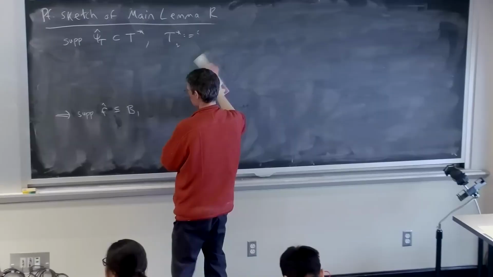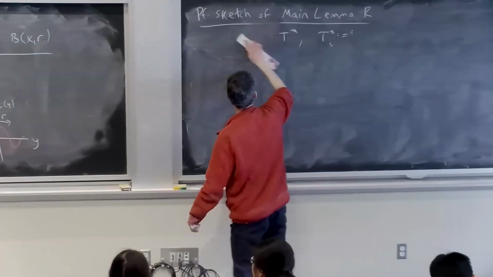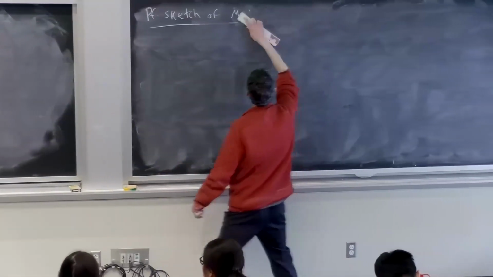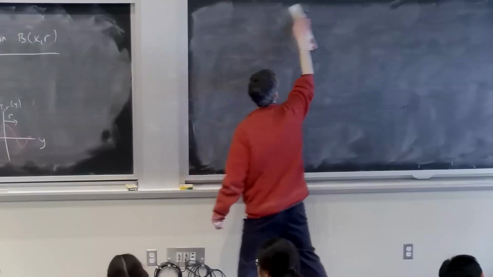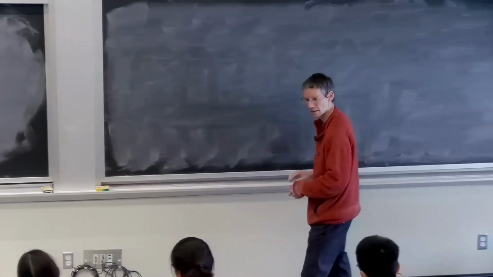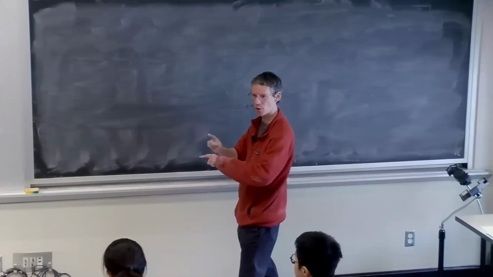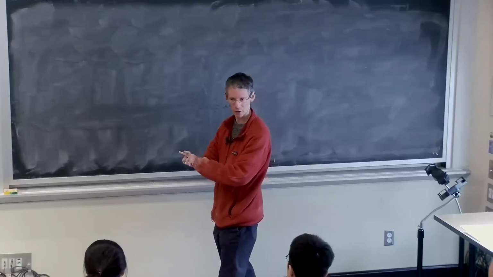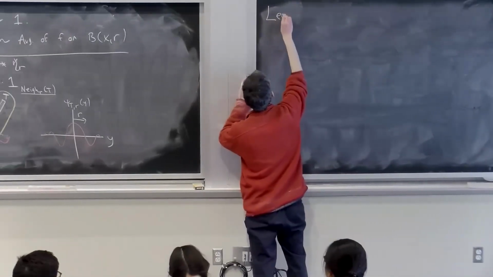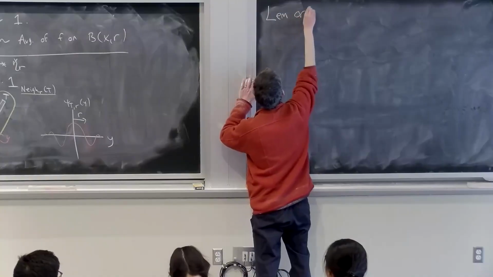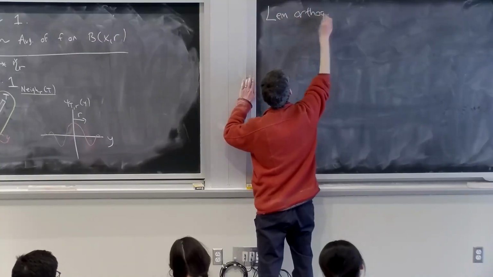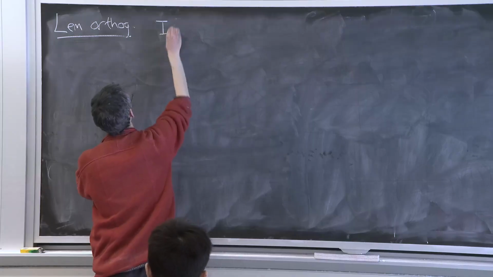OK. So in the finite field case, the heart of the argument, the key thing called the key lemma, was an orthogonality lemma that said that the high-frequency parts of two different lines are orthogonal. And something like that is true here. So lemma on orthogonality. This is like the key lemma. So it says the following.